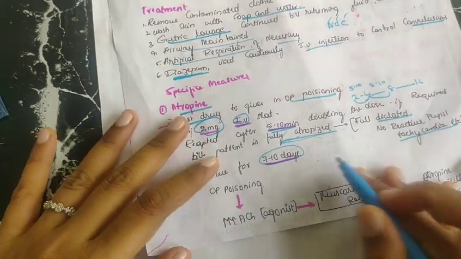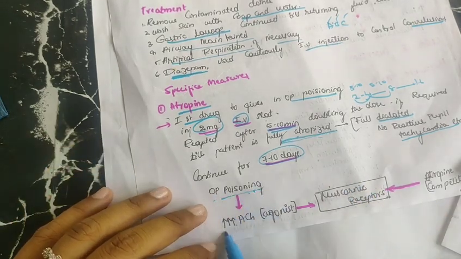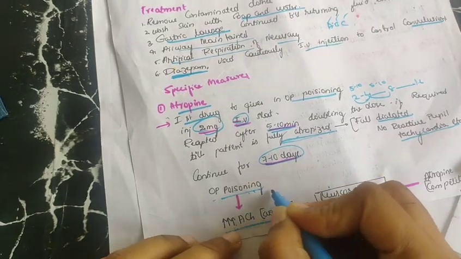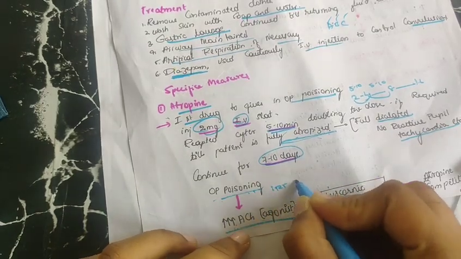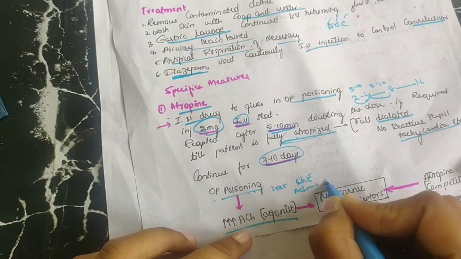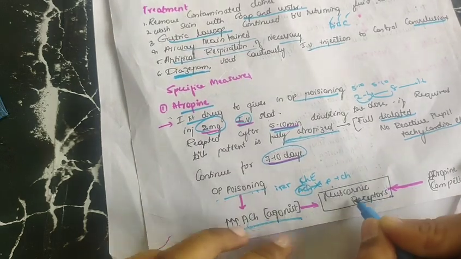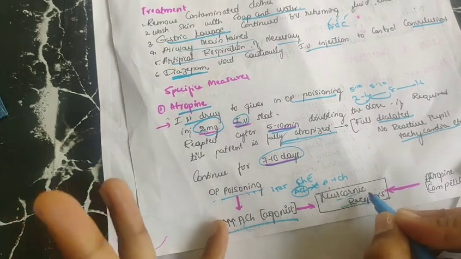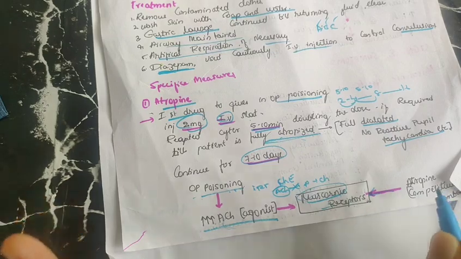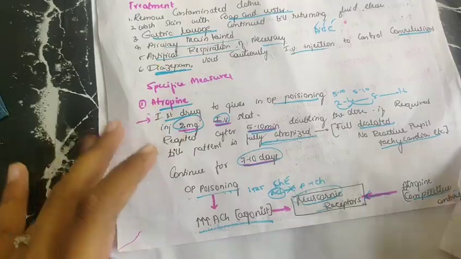The mechanism we'll see, what actually happens in OP poisoning. There will be an increase in acetylcholine, because OP irreversibly blocks cholinesterase, which was breaking acetylcholine into acetate plus choline. So acetylcholine increases and acts on muscarinic receptors and nicotinic receptors. We give atropine, which competitively blocks only muscarinic receptors, not nicotinic receptors.